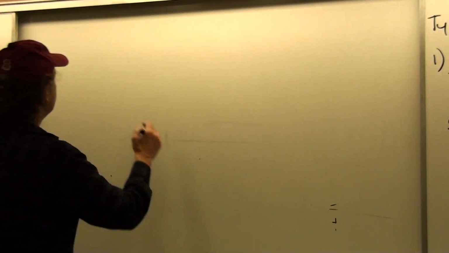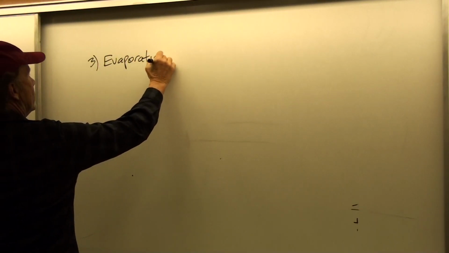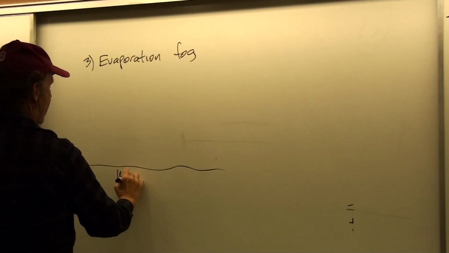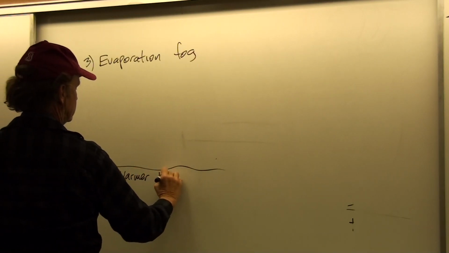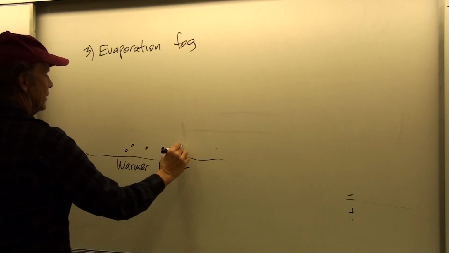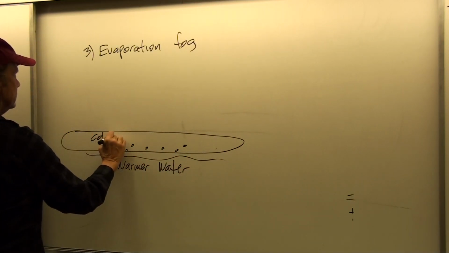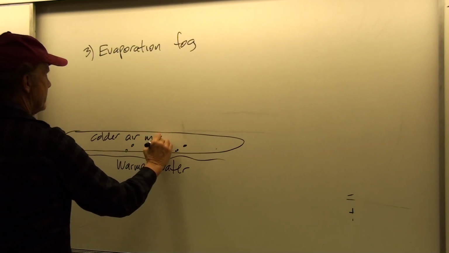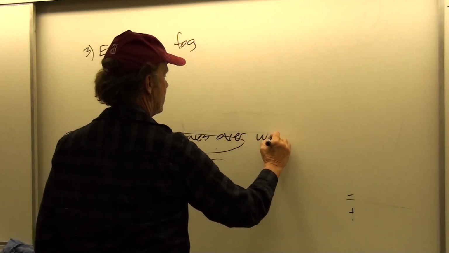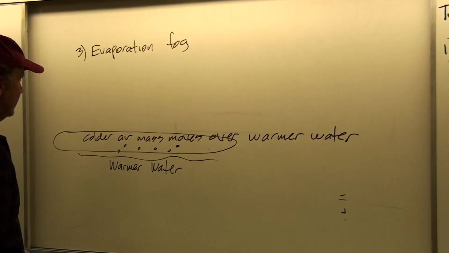The third way is with evaporation. Now in evaporative fog, essentially what we have is warmer water that wants to evaporate, but then you have a colder air mass moving over the warmer water. And so what does this do?